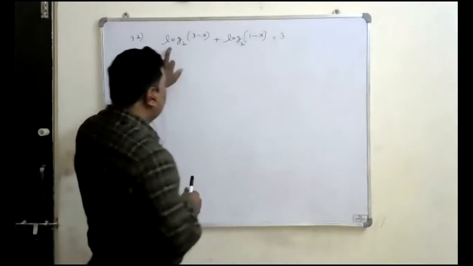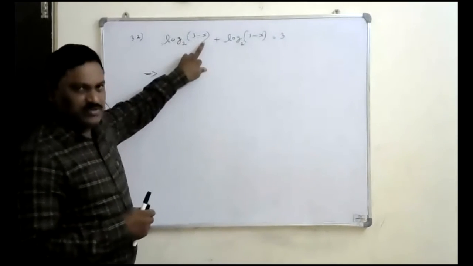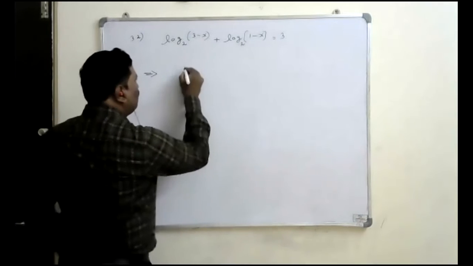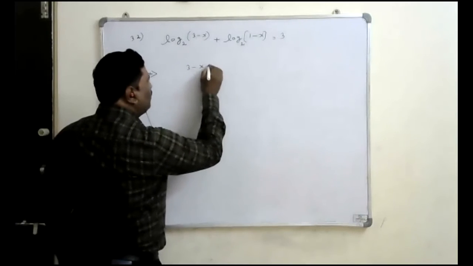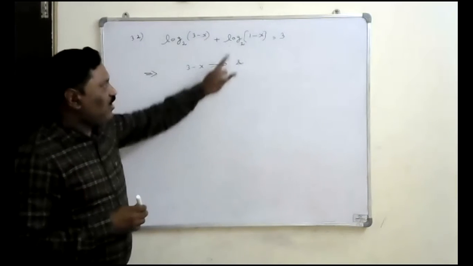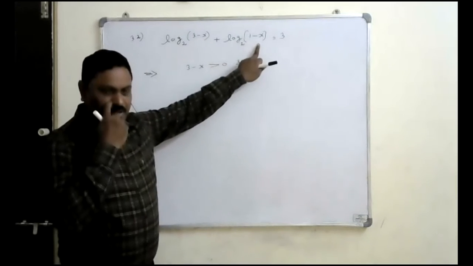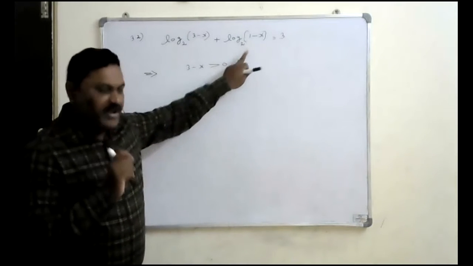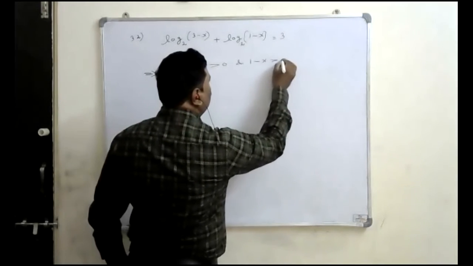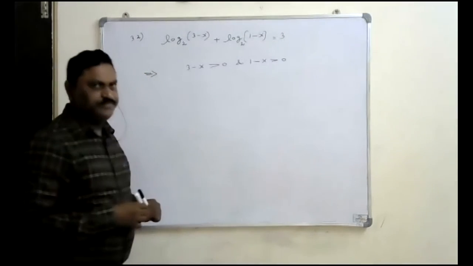That's why inside the logarithm there is 3 minus x. This term is defined only when 3 minus x is positive. And here also log of 1 minus x is there. So this term also is defined only when 1 minus x is positive. That range we have to take first.